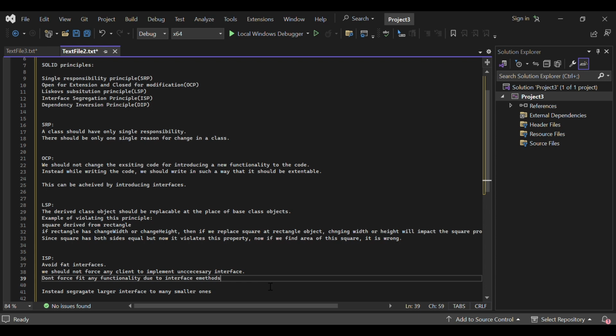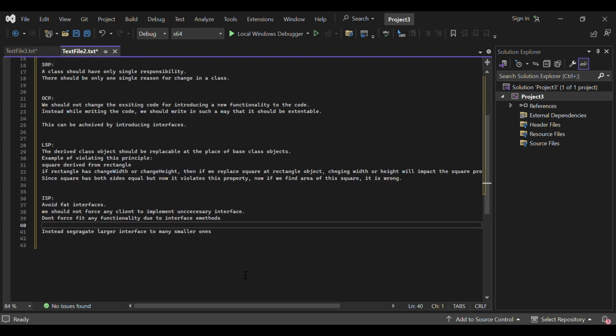We should avoid this type of situation in our code. Instead, we can segregate the interface into many smaller interfaces, so that we can implement that alone. The basic idea is to segregate the interfaces into smaller ones.